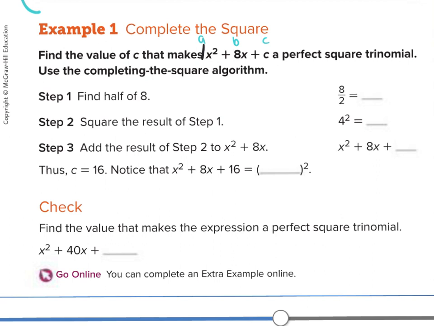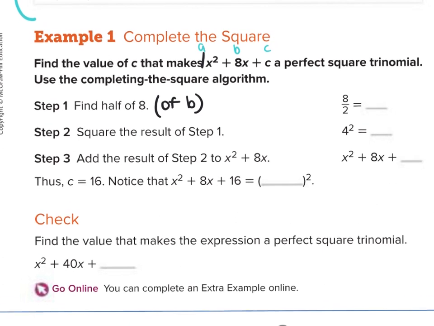So first you want to find half, and it says of 8, but you want to find half of b. Okay, so this time b is 8, but it's not always. So what's the easiest way to find half of something? Divide by what number? 2. Yeah, divide by 2.